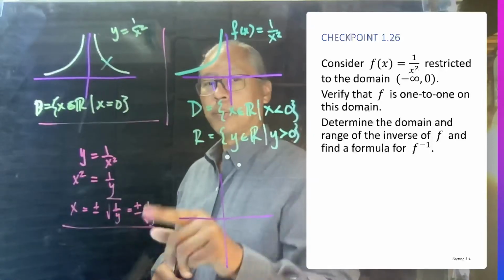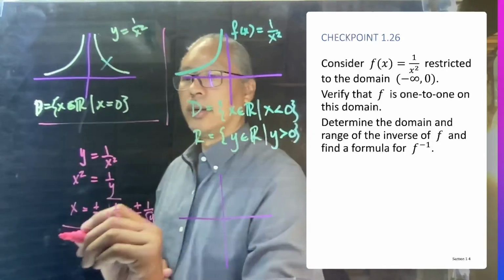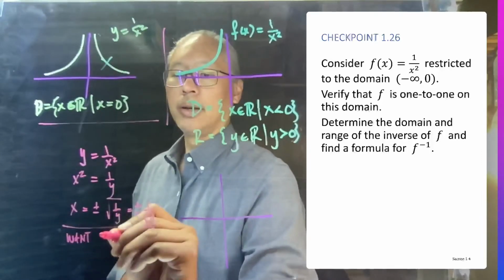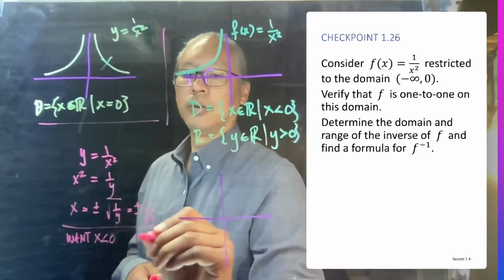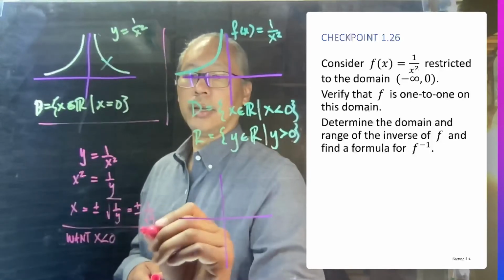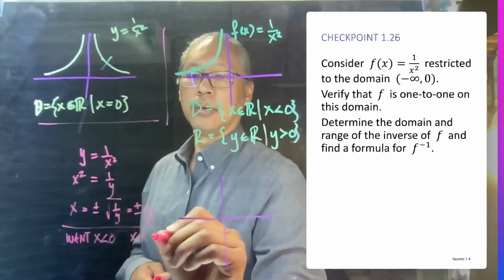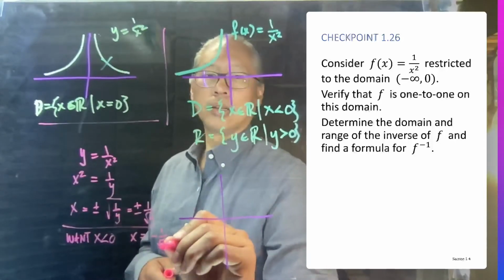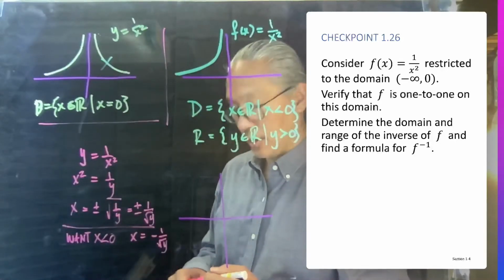So there's a plus and a minus here because we want x to be less than 0. We're going to want this to be a negative. So x is equal to negative 1 over the square root of y. So that's going to be the inverse function.